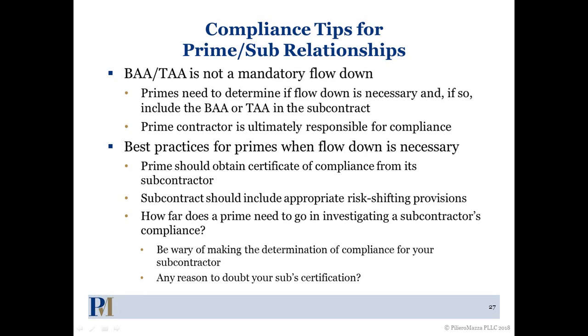So if you are the prime and you need to flow it down, then you're going to have to make sure you do that in your subcontract. If you're the sub and you don't think it should be flowed down and it's being flowed down to you, you've at least got a little bit of an opportunity to push back there and say, well, there's no requirement to flow this down, so why are we flowing it down?